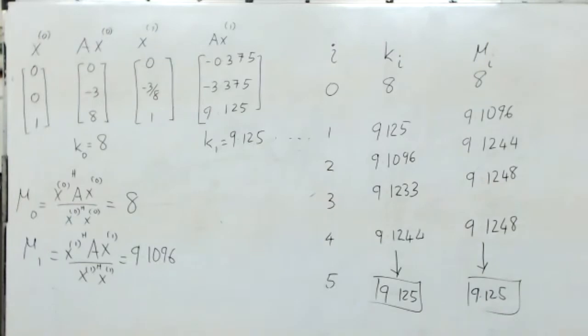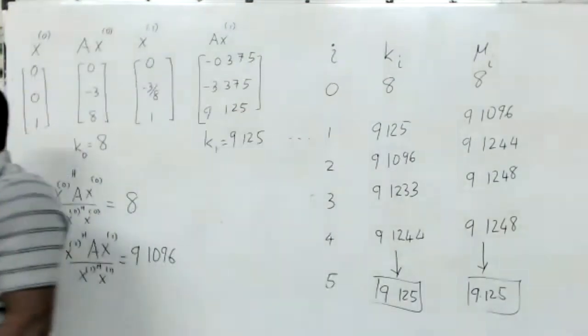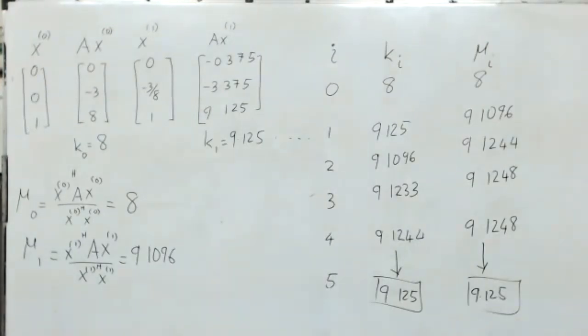Right. So now what we are going to do is, you all know that an n cross n matrix will have n eigenvalues, right? In this example, I have a 3 cross 3 matrix, so I will have 3 eigenvalues. But what I did so far is a method to compute only the first eigenvalue, the largest eigenvalue, lambda 1.